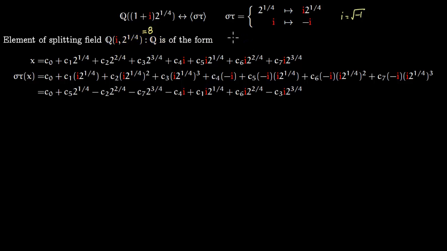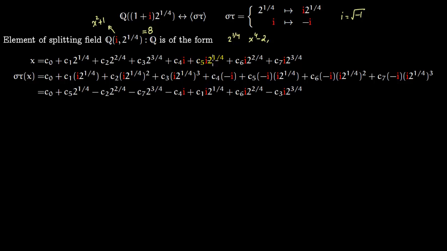Notice that this 2^(1/4) comes from our polynomial x^4 minus 2, and obviously i comes from the polynomial x^2 plus 1. So we can only go to the power of 3 here. The element looks like this: c0, c1 2^(1/4), then 2^(2/4), 2^(3/4). After that we have to start adjoining this i.